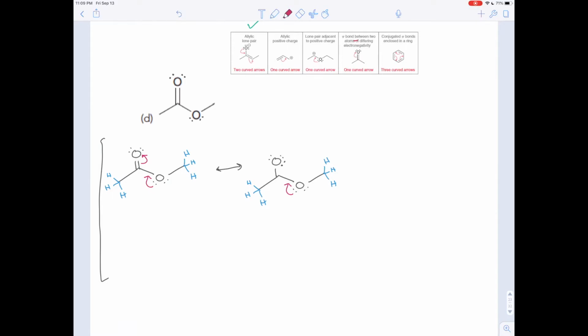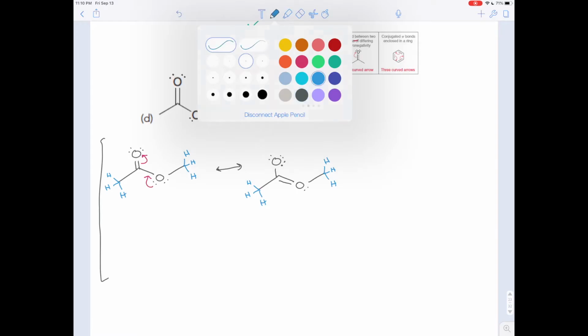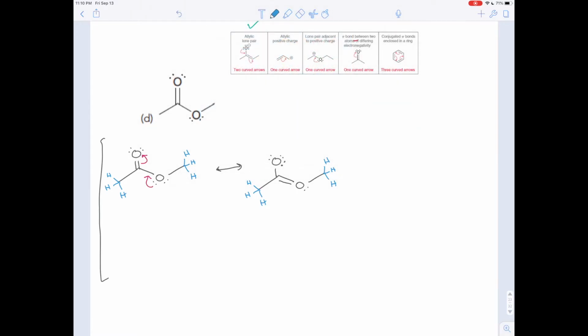If the head of a curved arrow points at a bond, then you draw those incoming electrons as a bond. If you calculate the formal charges here, you'll see that this oxygen has a positive charge at the bottom, and the oxygen at the top has a negative charge.